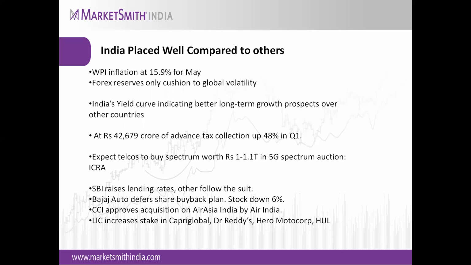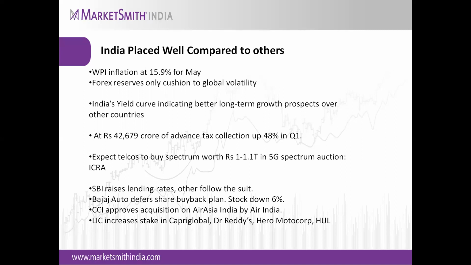Cities like Shanghai, Beijing, and other major cities are seeing lockdowns and a slowdown in movement. Talking about the Indian market, India is very well placed compared to others. Even though our inflation is at 15.9% for May, we have very good forex reserves. Even the RBI has given a very positive outlook for the Indian economy. They have mentioned that forex reserves are the cushion for global volatility.